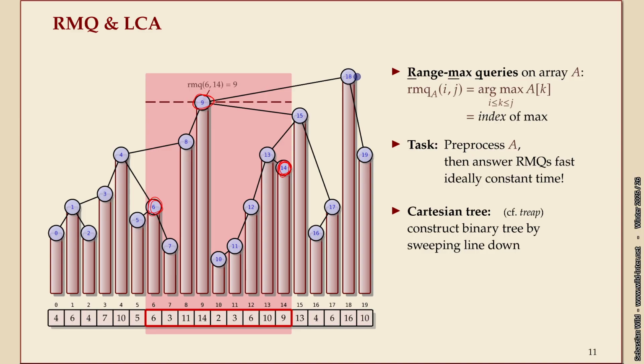Then the tree we built happens to be binary search tree ordered. All the numbers on the left of a node are smaller than the number in the node and smaller than all the numbers to the right. As in a binary search tree, it's obviously by construction because we just split in the middle. So you could also say these numbers in here are exactly the array indices or the in-order index in the tree.